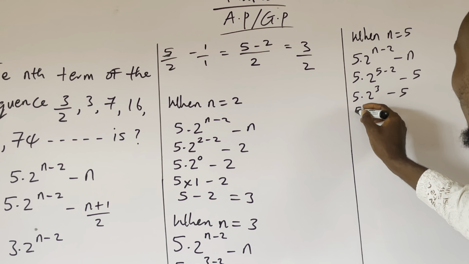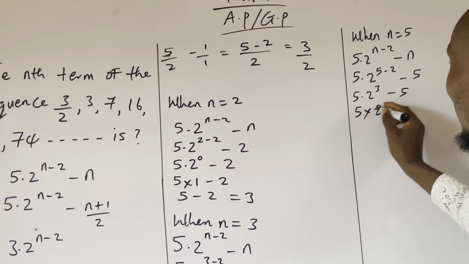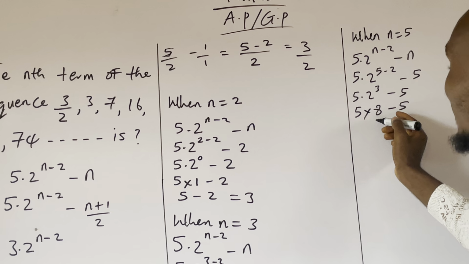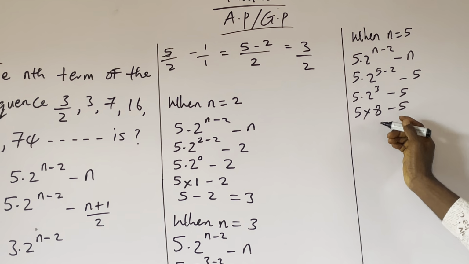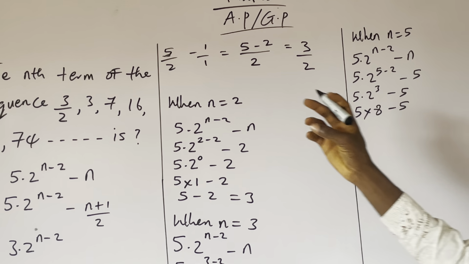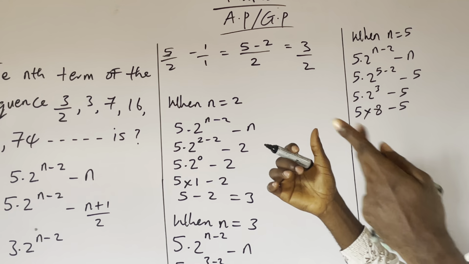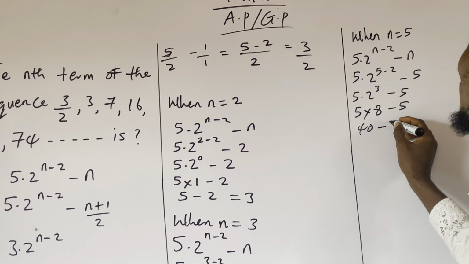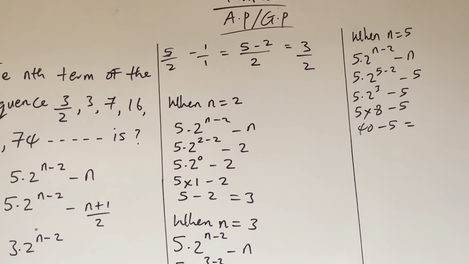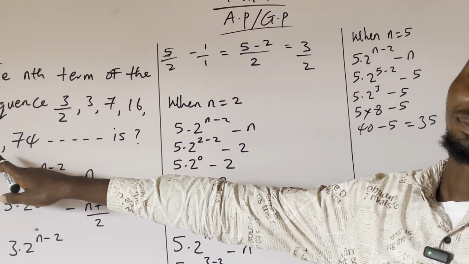So this is 5 times 2^3, which is 8, minus 5. 5 times 8 will give us what? 40, right? 5, 10, 15, 20, 25, 30, 35, 40. 40 minus 5 will give us 35. That is this 35 here.